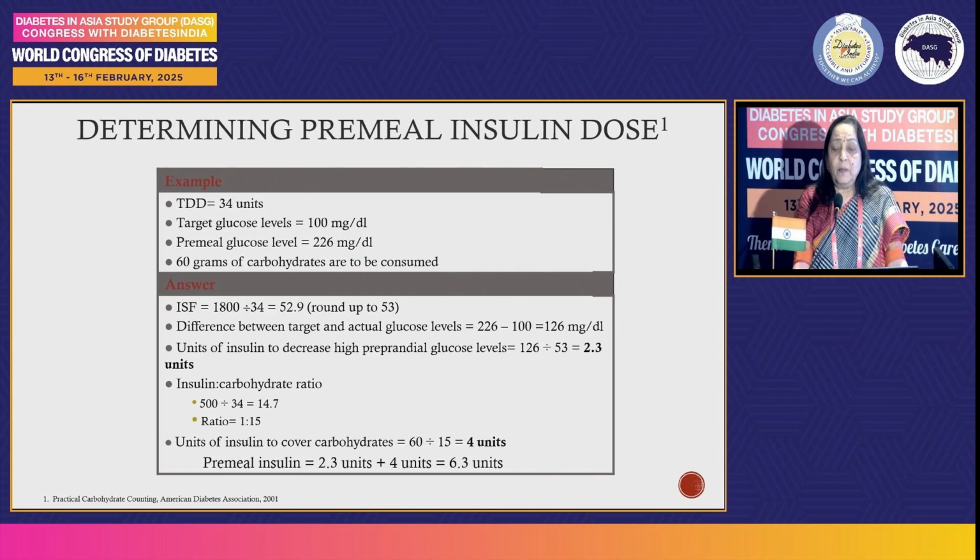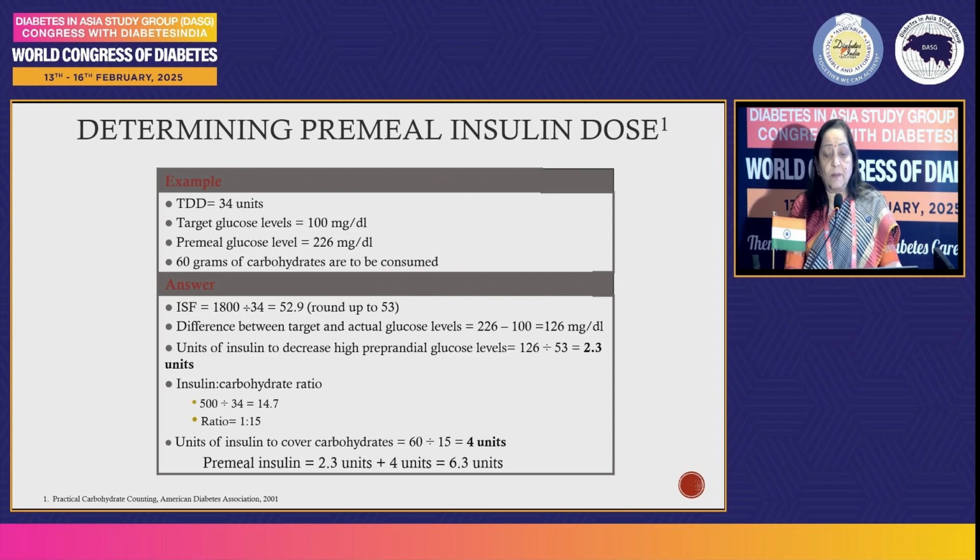Now, determining the pre-meal insulin dose, how the insulin sensitivity factor will help the patient. Suppose the patient's pre-meal sugar is on the higher side. So how do we correct it? The example is that the total daily dose is 34 units, the target glucose level before a meal is 100 milligrams per deciliter, and the pre-meal patient blood sugar is 226 milligrams per deciliter.